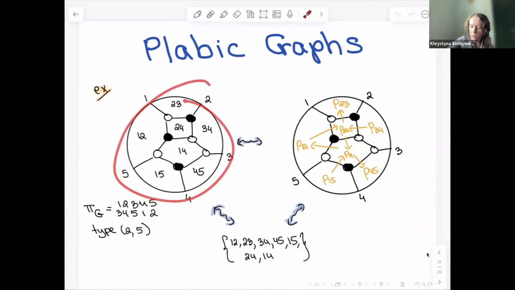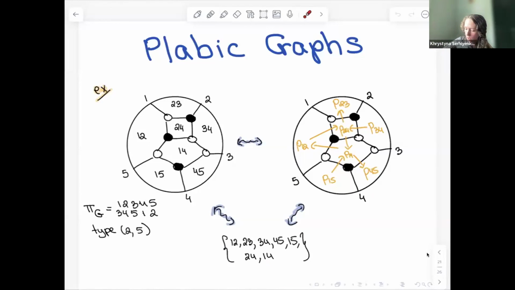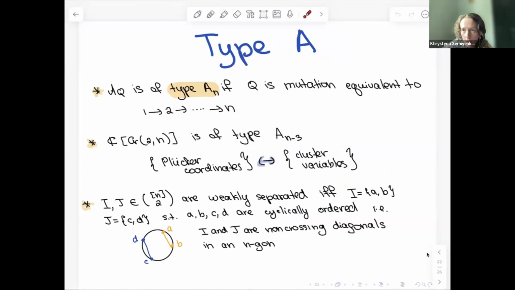So plabic graphs correspond to seeds in the cluster algebra. We have the quiver, and we have the cluster variables corresponding to these weakly separated collections in n choose k. All right, so in the remaining time, I want to go back and talk about the type A story.